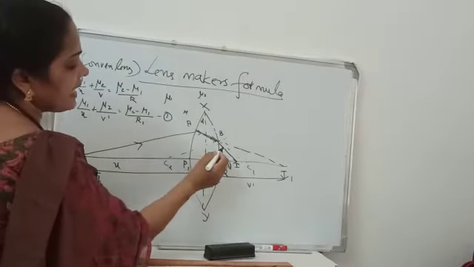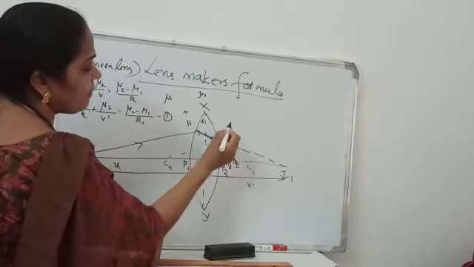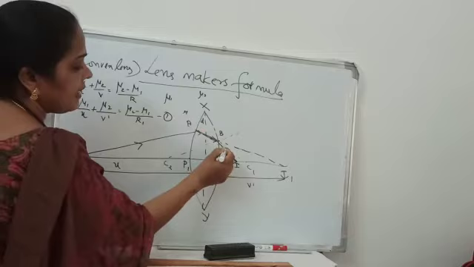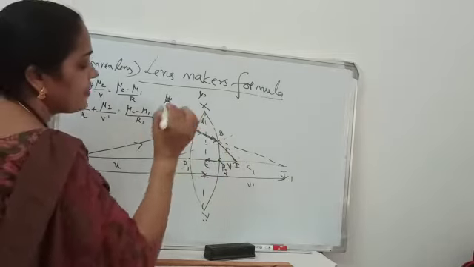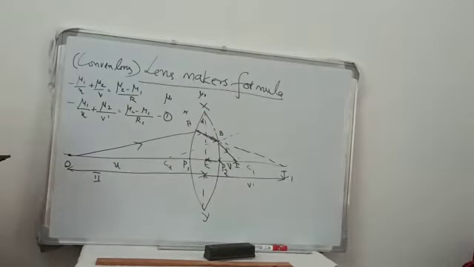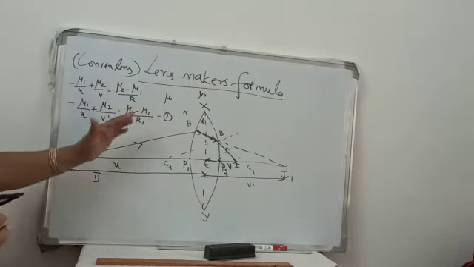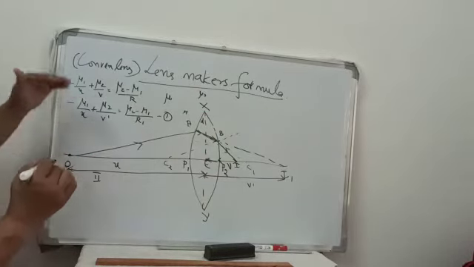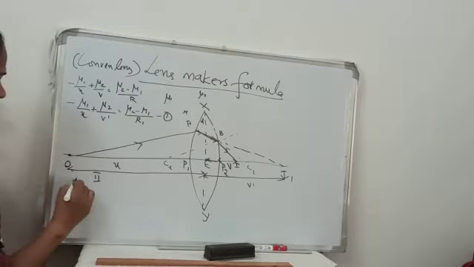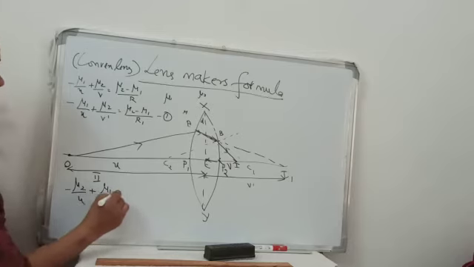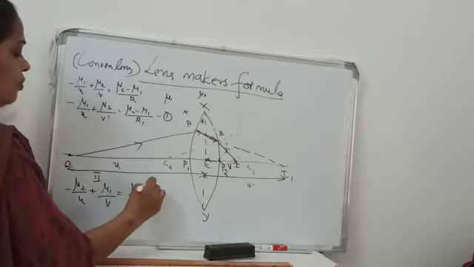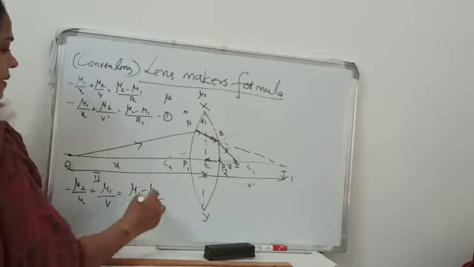You can see that the ray is bending away from the normal because the light is passing from denser to rarer. So, when we use the equation for denser to rarer, which we have already proved, it is minus mu2 by u plus mu1 by v equal to mu1 minus mu2 by r.